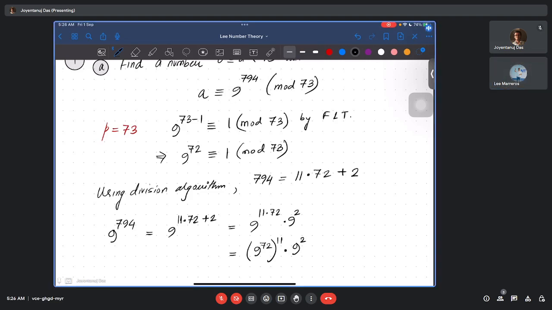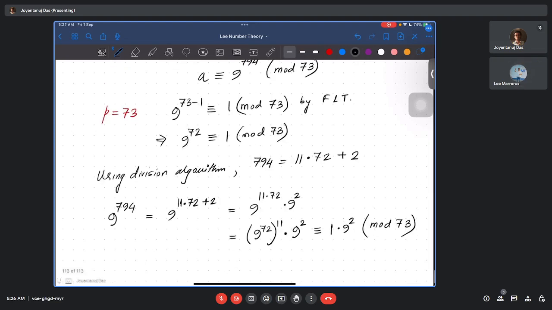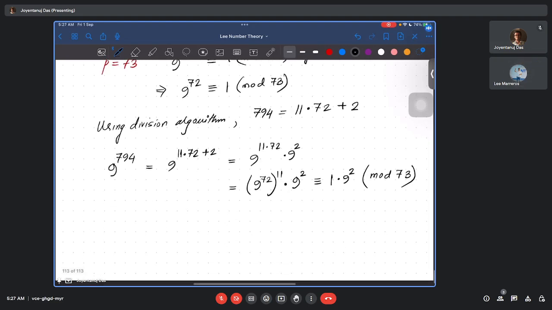But I know that 9 power 72 is 1 mod 73. So when I take modulo, the first part becomes 1 and I am left with only 9 squared in modulo 73. So now it is easy to calculate. It is just 81 modulo 73, and I think that is 8, right?